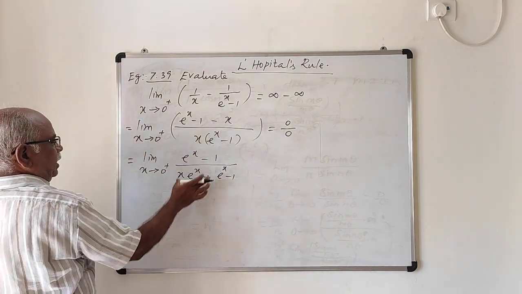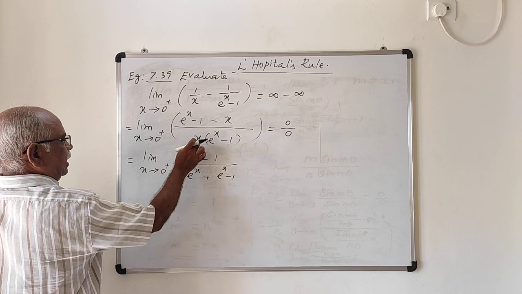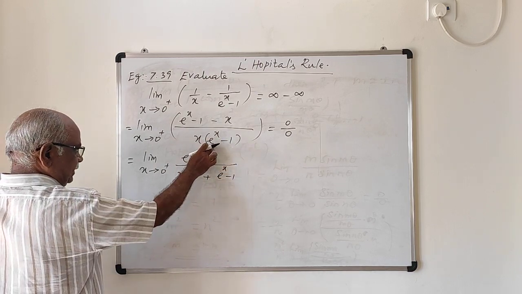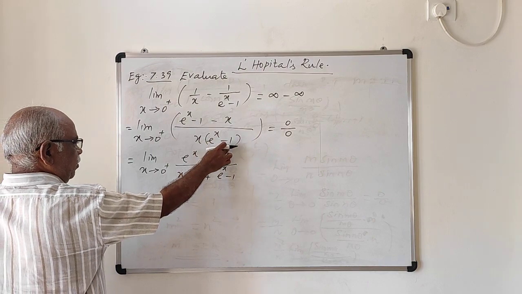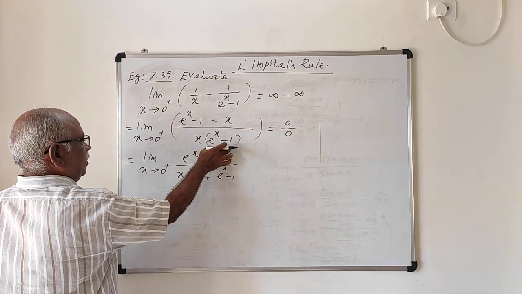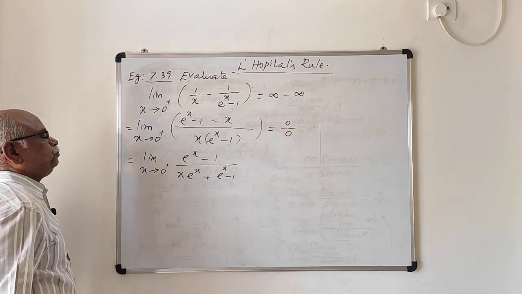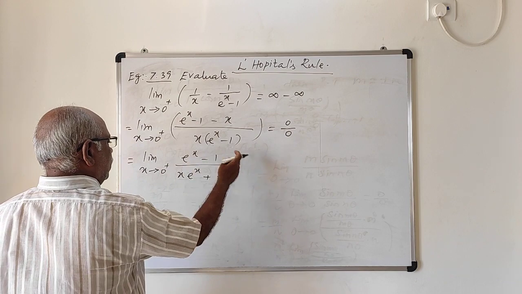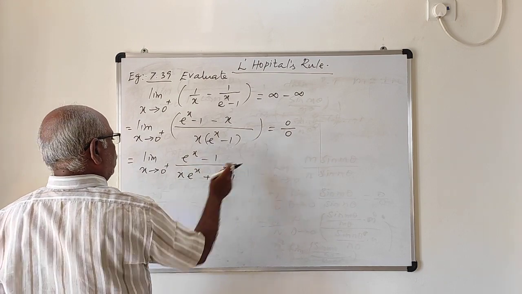This is the differentiation of the denominator, giving x e power x plus e power x minus 1. Now if you apply the limit here, you will get 0 by 0 form.